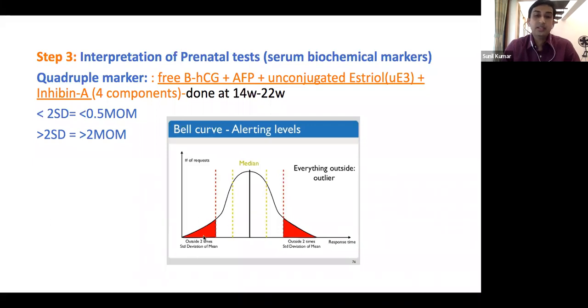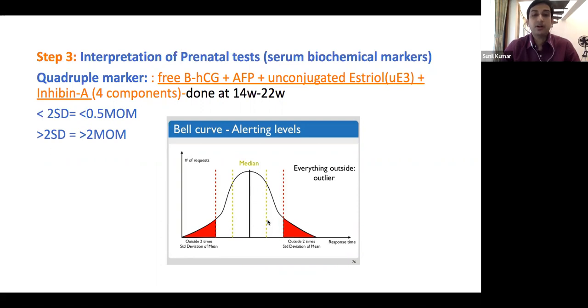Now in the report, we see something called MOM, multiples of median. We don't see this curve, we see this value, MOM. In preventive and social medicine, we see this bell curve, isn't it? The central line is called the median. If we plot many values on this curve, most of the numbers will fall adjacent to this median line.